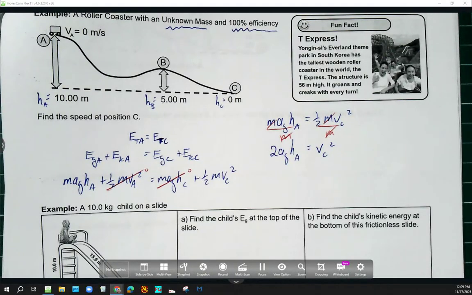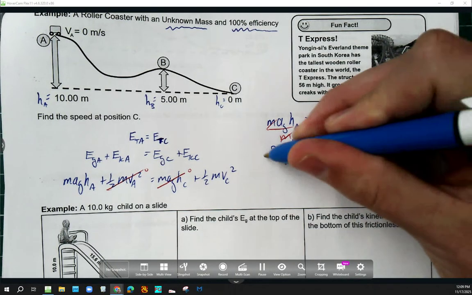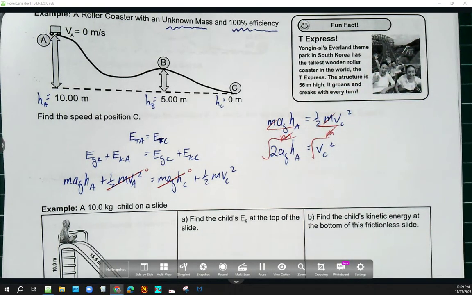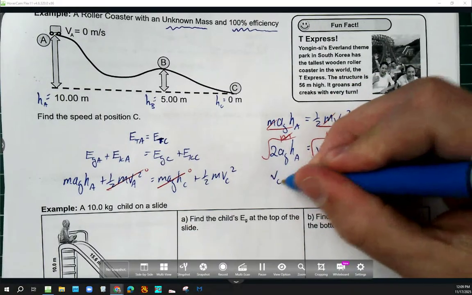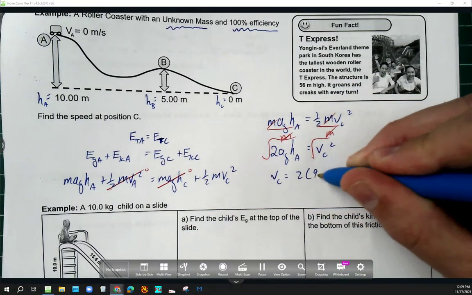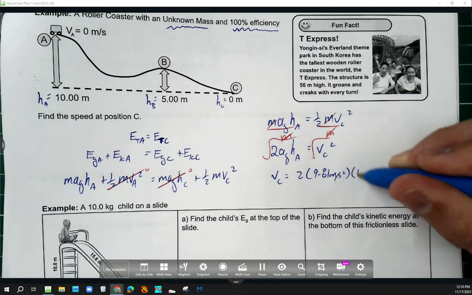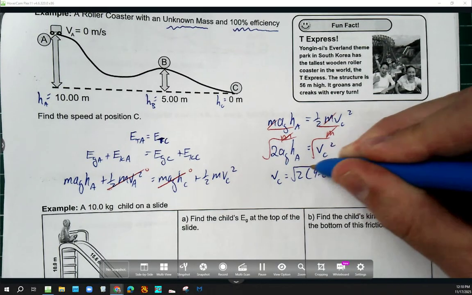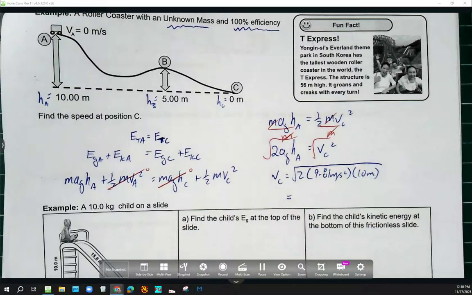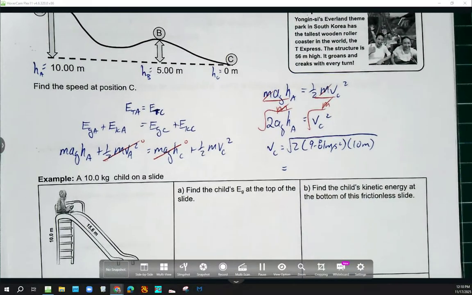Then I would just square root both sides to get vC all by itself, and I'll plug in my values. vC is equal to the square root of 2 times, we'll say we're on Earth, 9.8 times height A of 10 meters, all rooted. Somebody with a calculator help me out. It rhymes with splort mean.